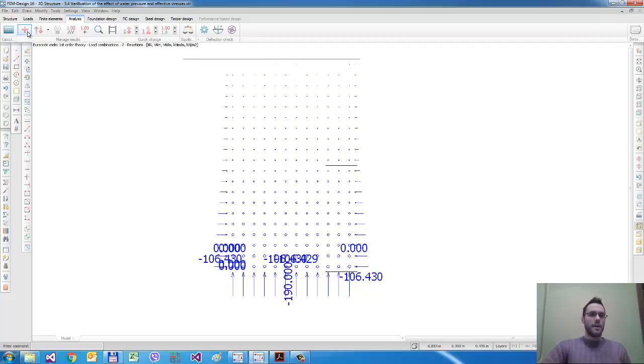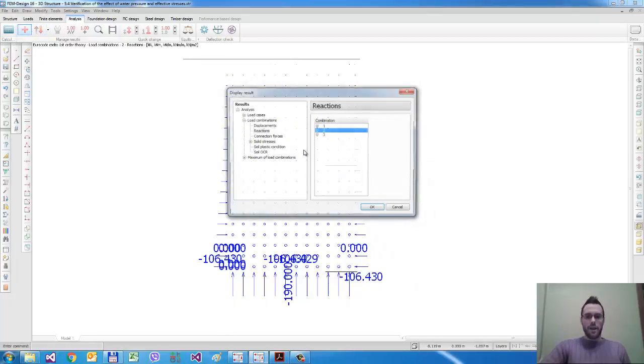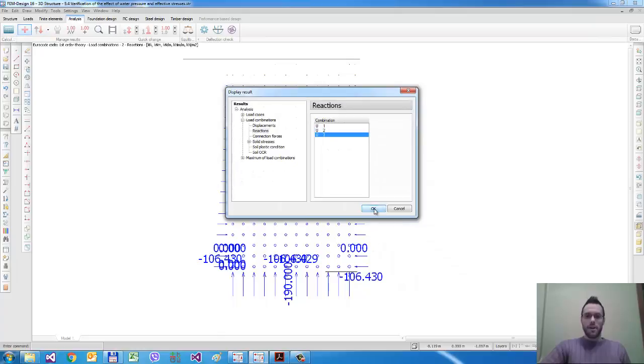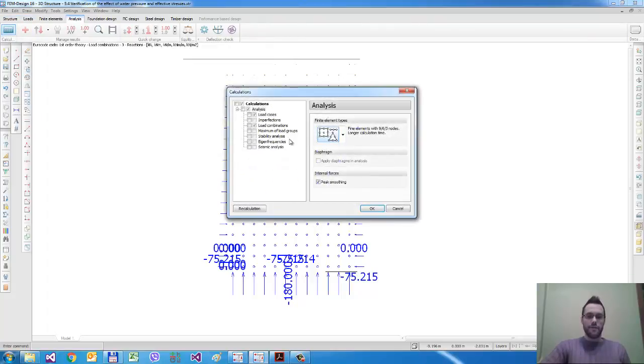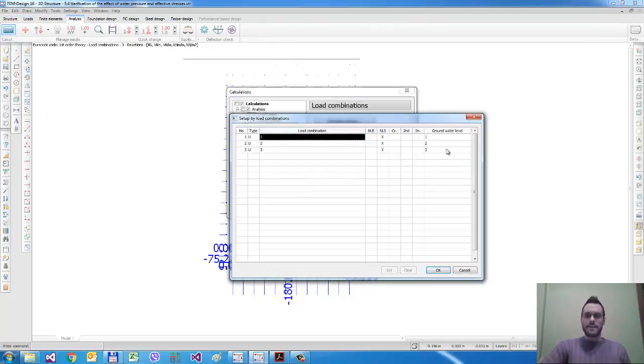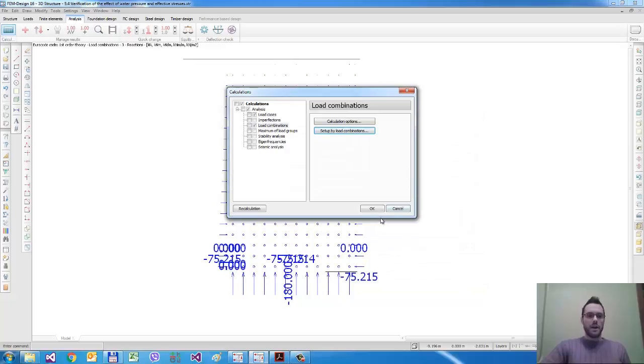The second case was groundwater level 3. In this case the reaction at the side wall is just 100, and in the third case the reaction is just 75. So if I check the different groundwater levels, groundwater level 1 was the highest groundwater level in the model.